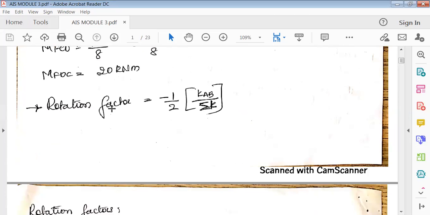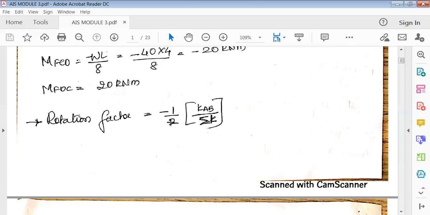What we previously called the distribution factor, in this method we call the rotation factor. The formula is more or less the same. In moment distribution, the distribution factor was K by summation K.